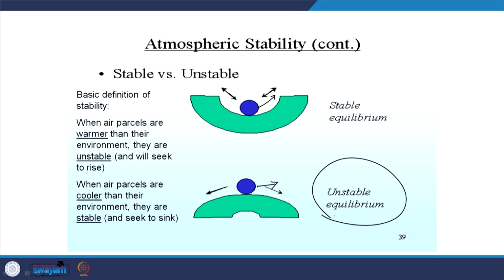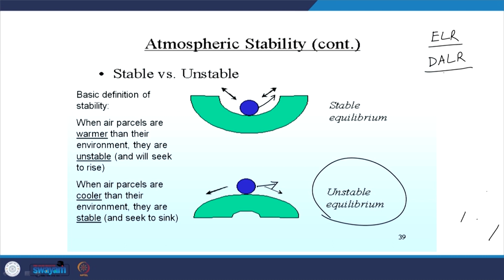So, similarly, the idea here is stable versus unstable condition of the atmosphere. Let us say you now define what is called ELR. ELR is environment lapse rate, right. Then we have already defined DALR, which is dry adiabatic lapse rate.